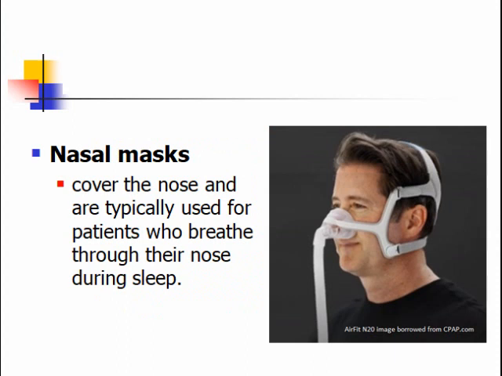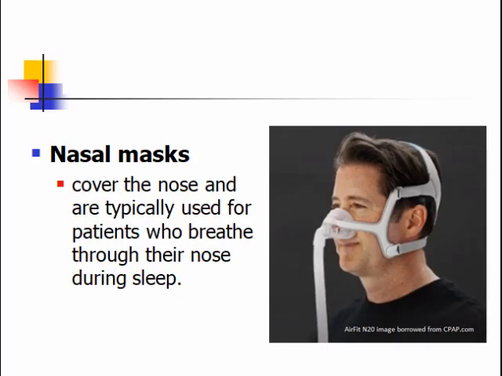The first one here we have is a nasal mask. They look pretty much like the one that's being illustrated. It covers the nose and typically used for patients who breathe through their nose during sleep. You see the head strap that holds that in place, the hose that comes off of that.